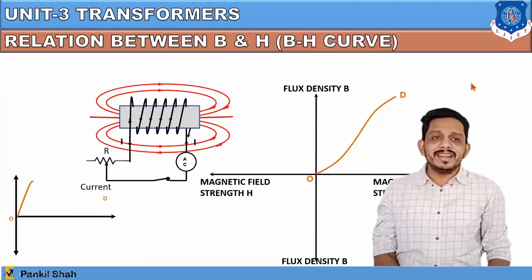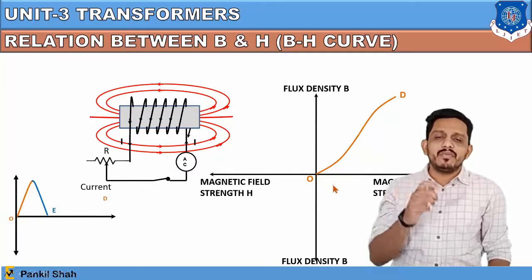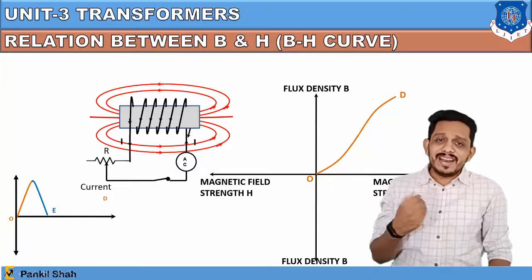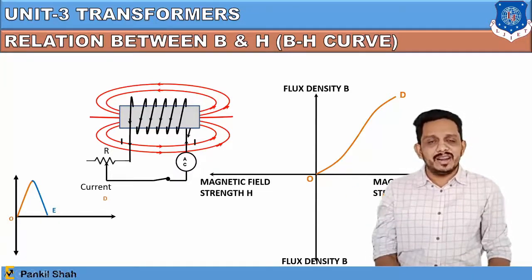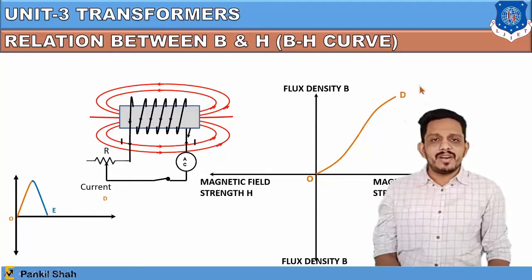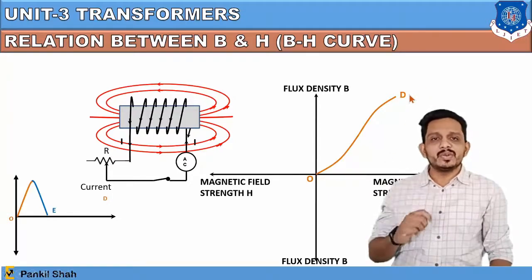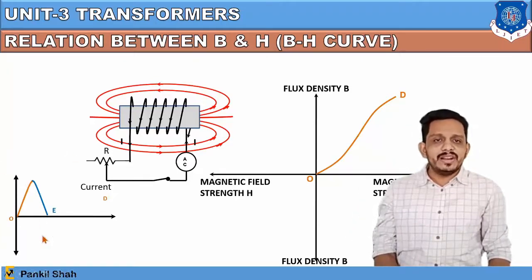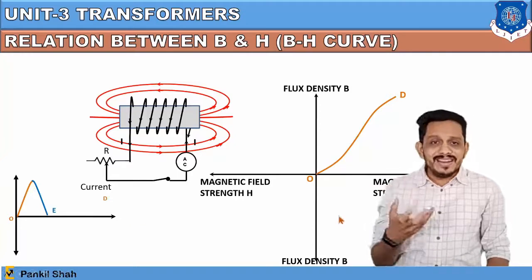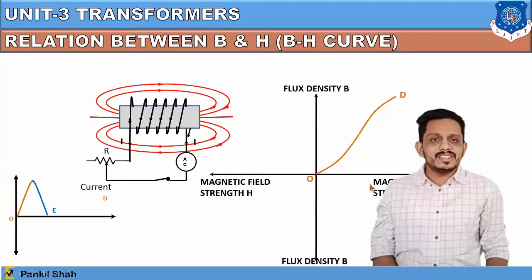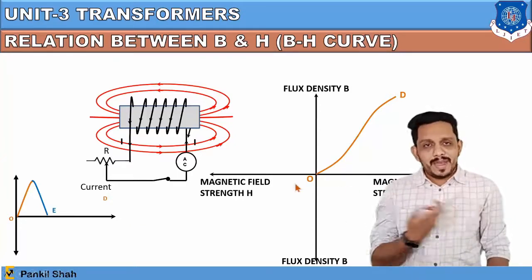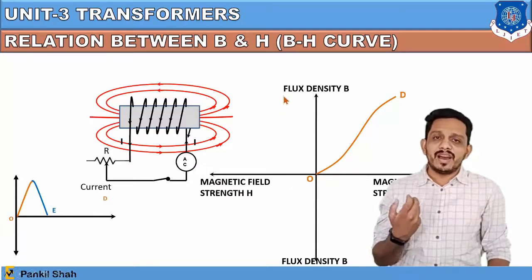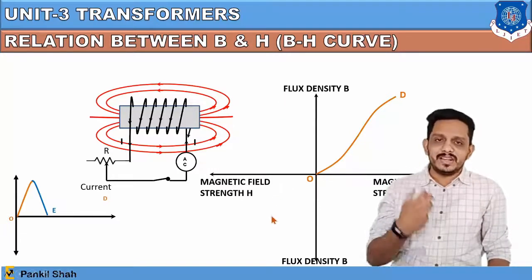So this point is nothing but the saturation point of our BH curve. Because again and again, if we increase this current, no increment of flux will be there. So this point is known as saturation. Now, after reaching the maximum value of current, current is decreasing. If current is decreasing, then the magnetizing force will decrease, and if magnetizing force decreases, then flux should decrease. So flux density will decrease.